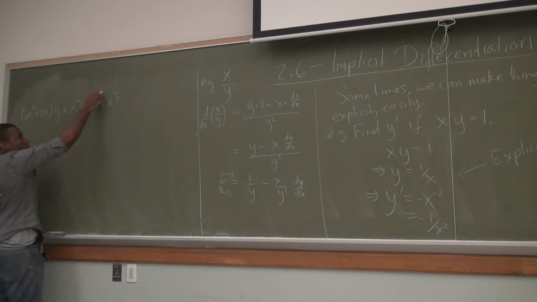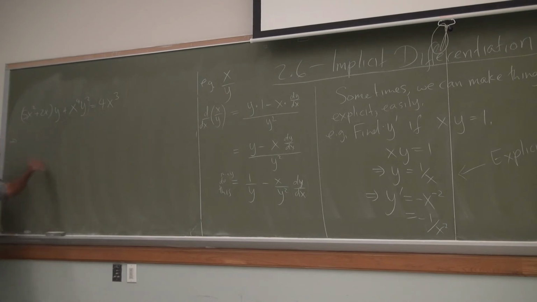Alright, we're going to differentiate both sides, right? Derivative of this part. Yeah, you distribute it first. No, I wouldn't distribute that. I do the product rule, right? Derivative of this times that, plus the derivative of this times that.